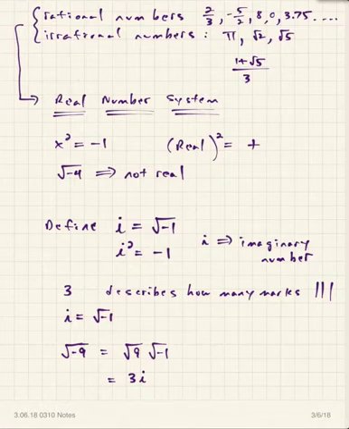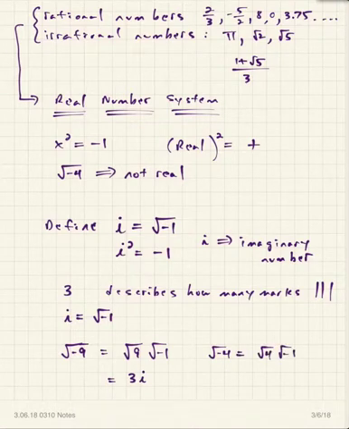We can write it as 3i. The square root of -4, in exactly the same way, would be the square root of 4 times the square root of -1. The square root of 4 is 2, and the square root of -1 is i. So we write the square root of -4 as an imaginary number as 2i. It's not a real number, but it's definitely an imaginary number.